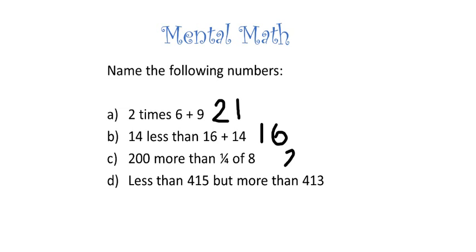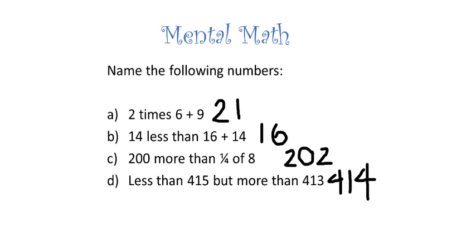That gives us 202. And the last one says less than 415 but more than 413. So it would be the number that is between those two numbers, which is 414. I hope you had the same numbers.